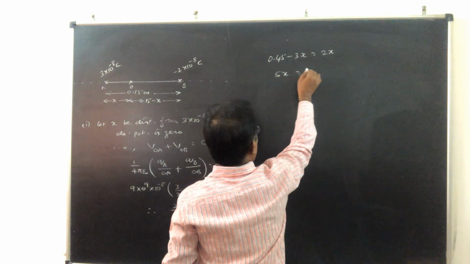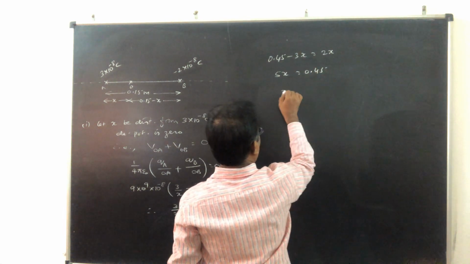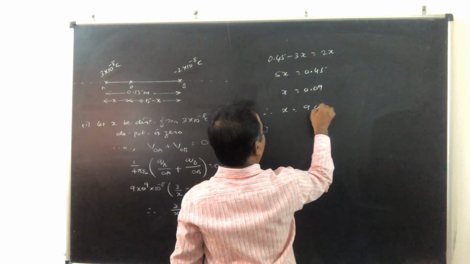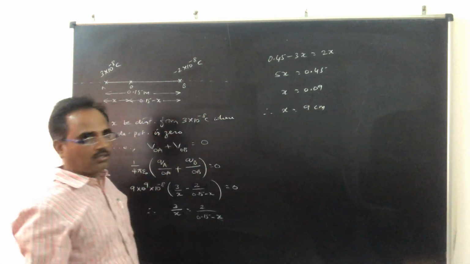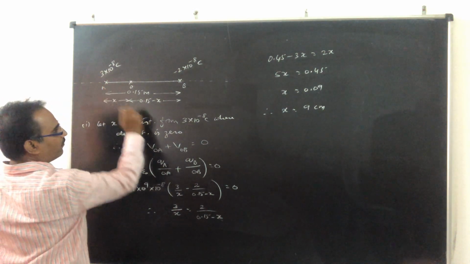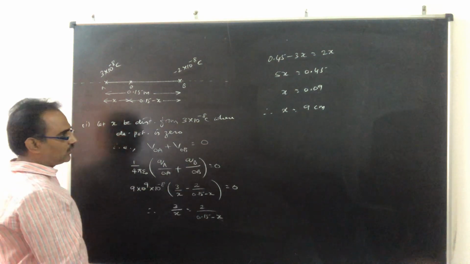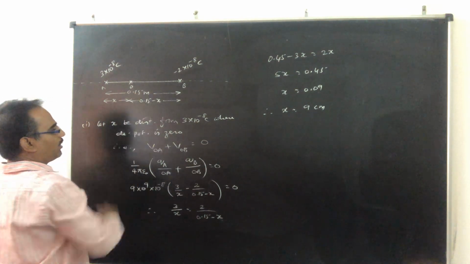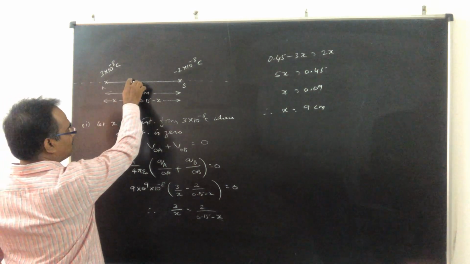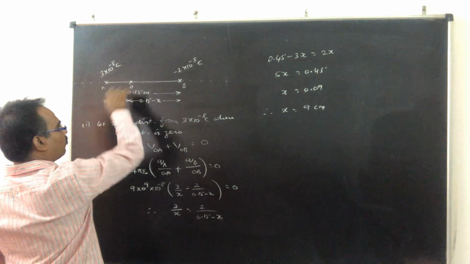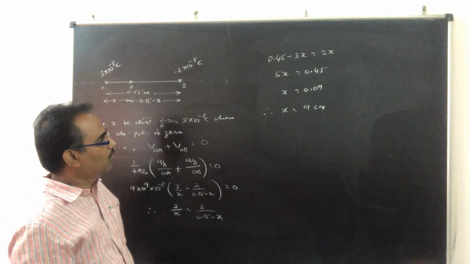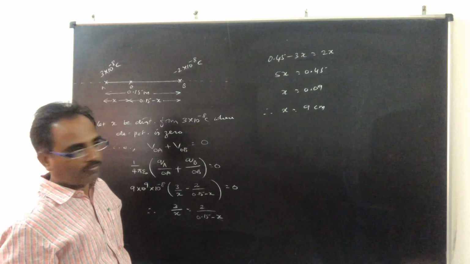So 5x is equal to 0.45, x is equal to 0.09, therefore x is equal to 9 centimeter. So at a distance 9 centimeter from the 3 into 10 to the power of minus 8 coulomb charge, the electric potential can become 0. Due to the positive charge, whatever potential is there, an equal amount of potential is there due to the negative charge, therefore the net potential will become 0. So this is the first part of the problem.